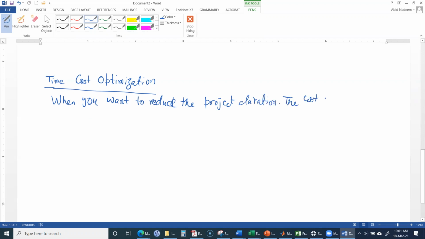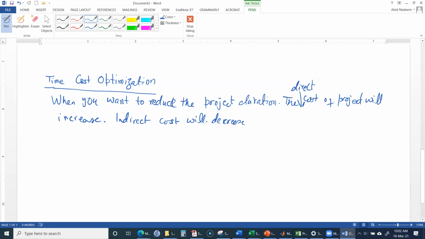The cost of the project will increase. In this case, actually, it will be the direct cost. This is based on the assumption that when you want to reduce the project duration, the direct cost of the project will increase. On the other hand, indirect cost will decrease.